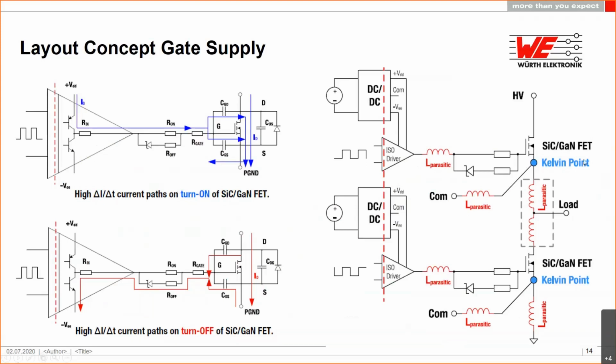So the first point is, if you have a discrete part, you need to use, if possible, a part with a separate Kelvin source connection. Then you can connect the auxiliary gate drive supply, the COM pin from the middle pin of your transformer, directly to the source Kelvin point of the SiC or GaN FET. This means your gate drive inductance is minimized and independent of the high switching node source inductance. This leads to lower gate drive problems.